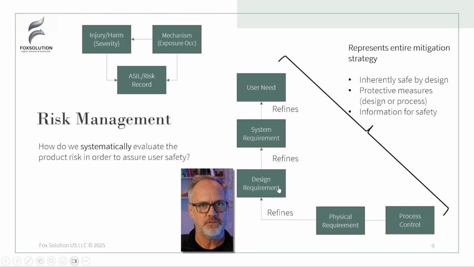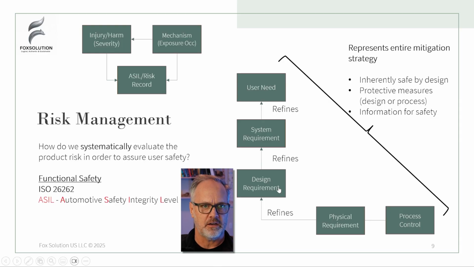A lot of different terms for different industries, but essentially what we're going to do is evaluate that paired exposure occurrence with the end effect, which is the injury and harm, to give us a sense of how bad a problem this is. Now, there's a couple different standards that we use to do this. I'm just going to give you two examples for two different industries. Functional safety, the 26262 standard, ISO standard, defines this ASIL, which is the automotive safety integrity level.